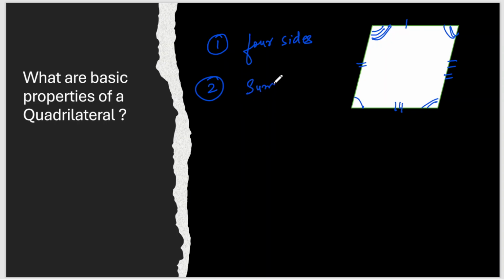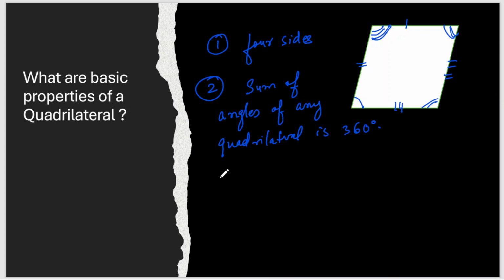So you can say the sum of angles of any quadrilateral is 360 degrees. The third point is that if you join the opposite vertices of a quadrilateral, you get a diagonal. So a quadrilateral has two diagonals.